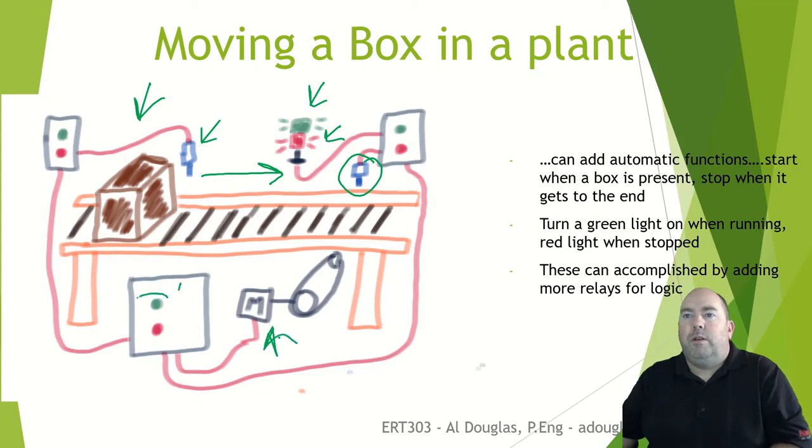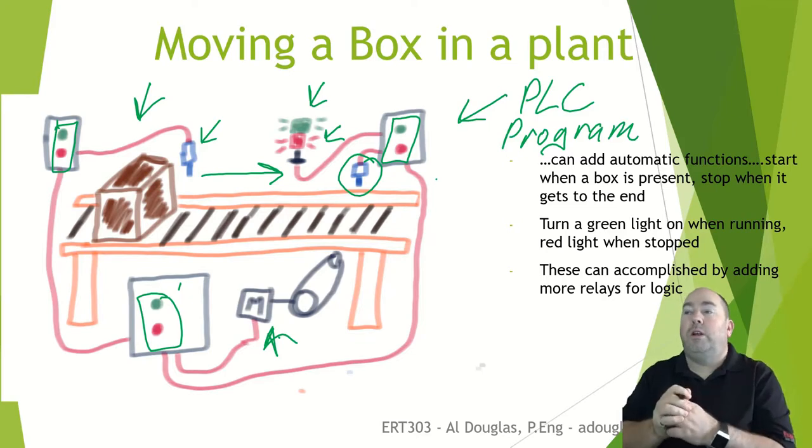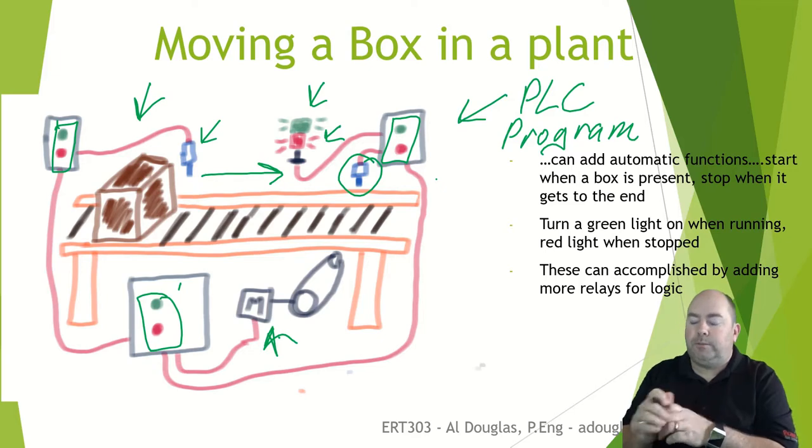I have lots of different start and stop buttons that control its operation as well. You need a PLC program to run this, and this is the core of what you're trying to learn here. This is what people do professionally to try to do things like this. Okay, so this is what we're working towards, being able to program little machines like this.